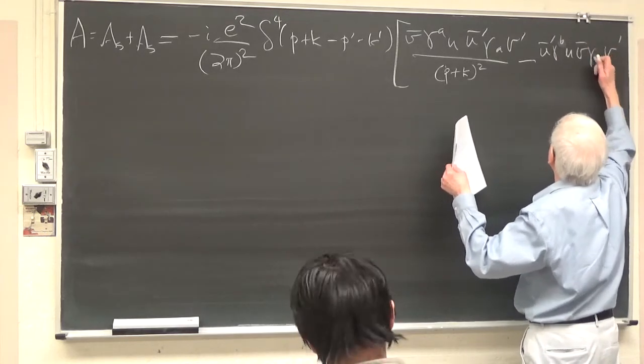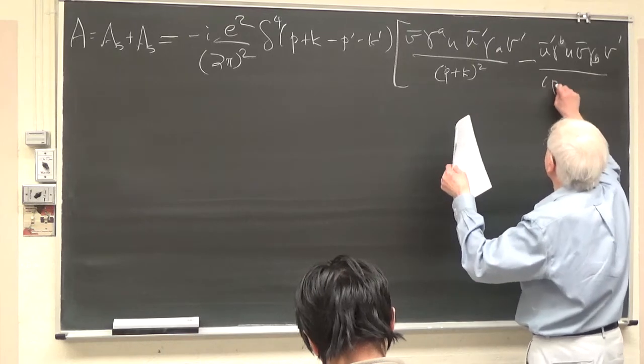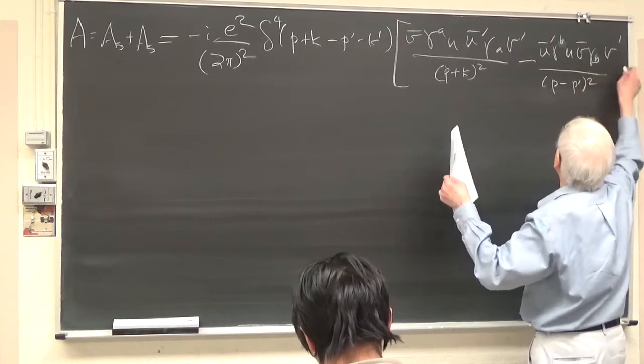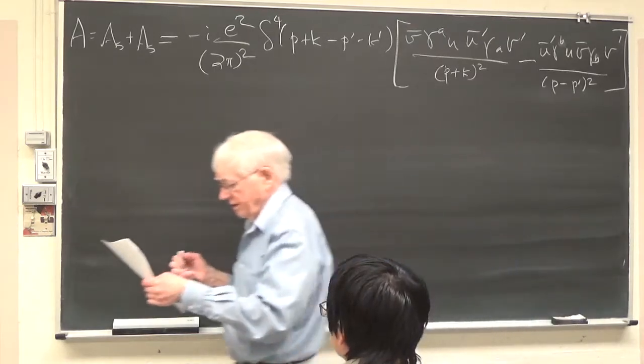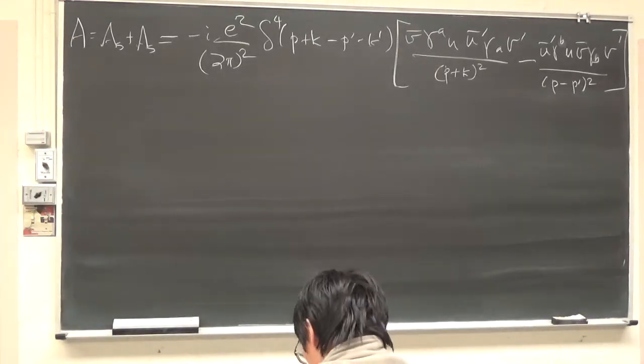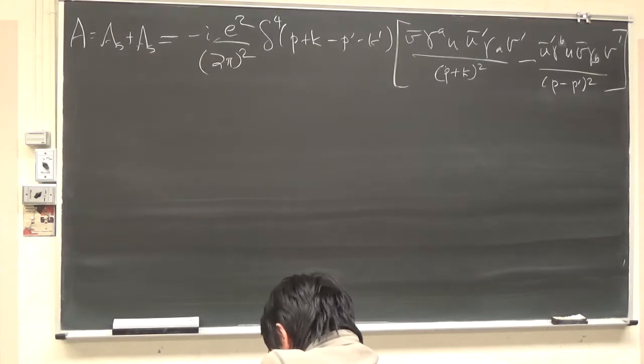This should be a different index. And this is then over (P minus P′) squared. Okay, so that's what it looks like, assuming this is A_S plus A_T.